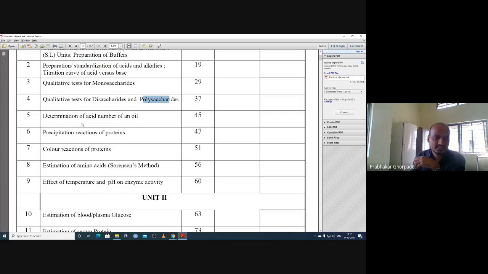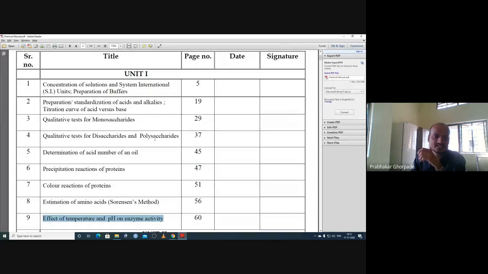Then there is determination of acid number of oil, precipitation reactions of proteins, color reactions of protein, estimation of amino acid by Sorensen's method. Next we have the effect of temperature and pH on enzyme activity. So these are the unit 1 practicals.